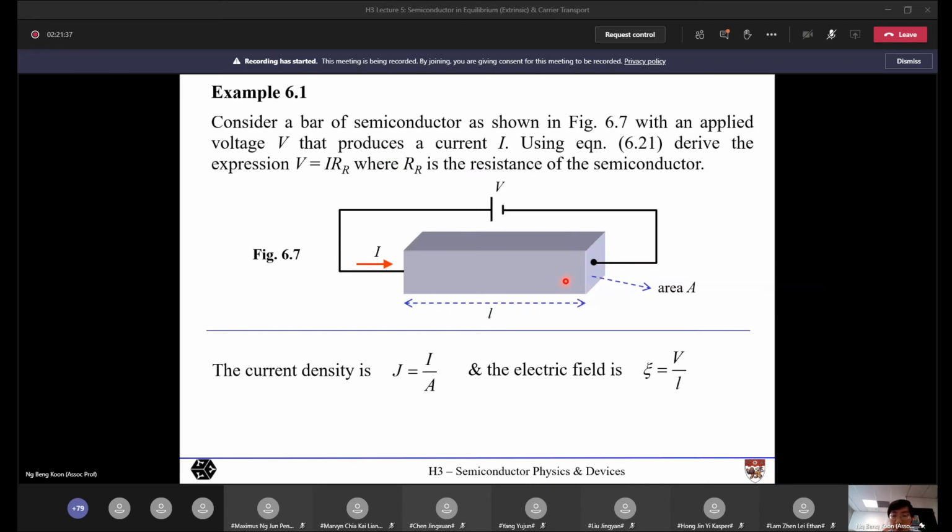Suppose the cross-sectional area of your semiconductor is A, and the resulting current that flows in the circuit is I. From our calculation, we know that the current density is given by the ratio of the current versus the area. So in this case, J will be I divided by A. The electric field is given by the ratio of the voltage that you apply versus the length of your semiconductor. So it's V over L.